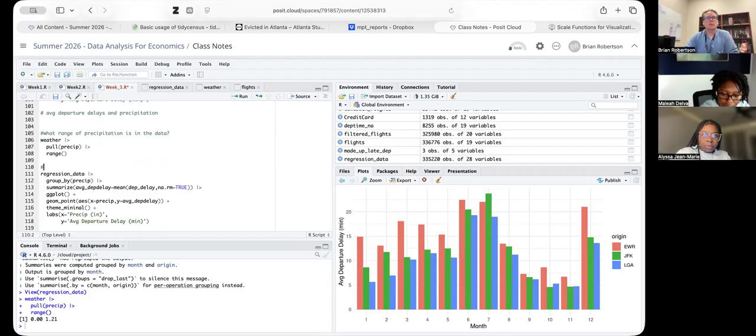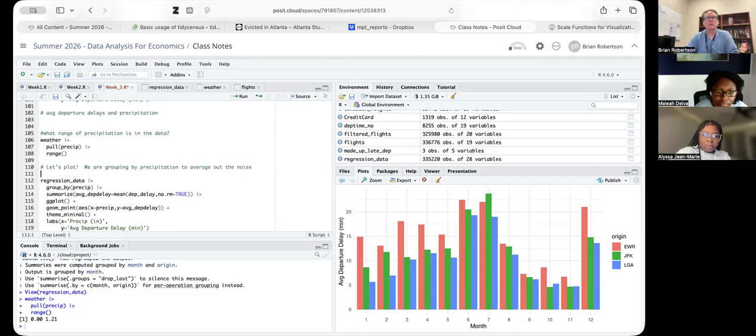Okay, we are grouping by precipitation to average out the noise to get a cleaner signal.